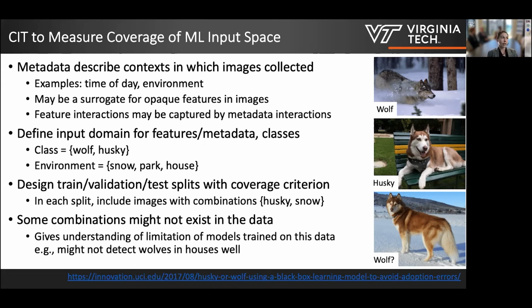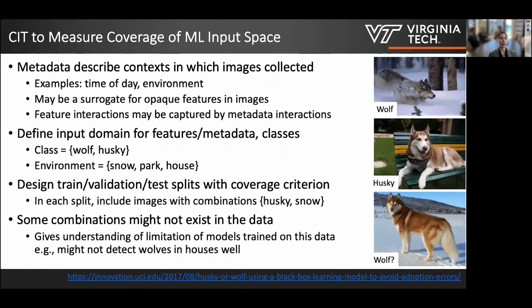So one idea using combinatorial interaction testing is to define the input domain for features or metadata, as well as the classes. Here, classes in my example are wolves and huskies, and the environment might be snow or park or house, or however you're defining environment. And then we can think about how we would go about designing test, train, and validation splits that have coverage criteria.